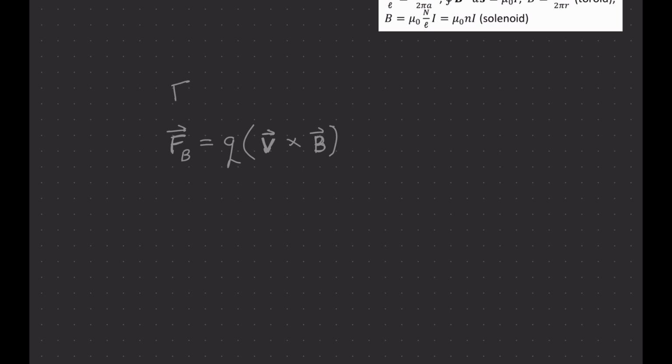This is analogous to the first part of the semester where you learned the electric force. This is qE. You see how they're similar? The main difference is that the magnetic field one has a cross product and a velocity here. It doesn't have just the magnetic field. So this here is electric field.